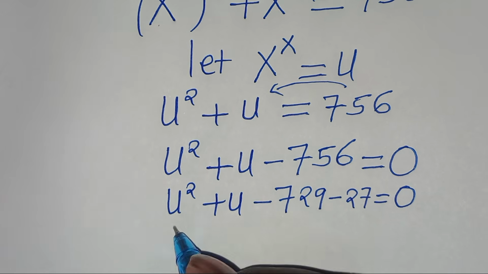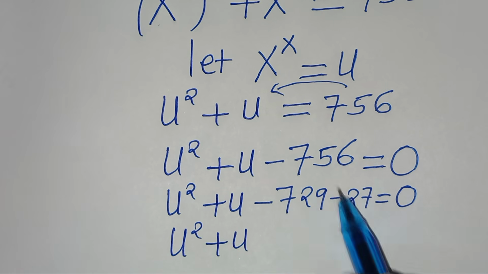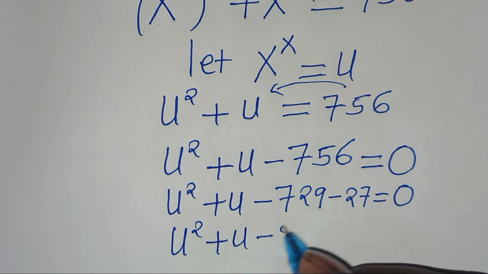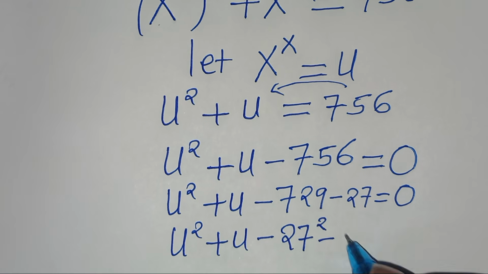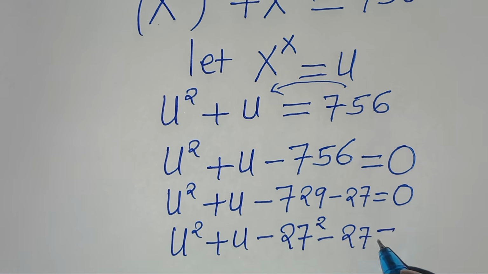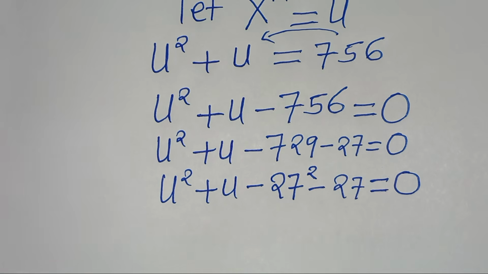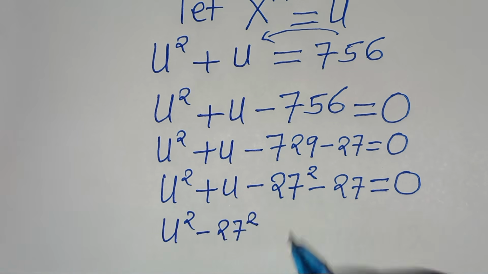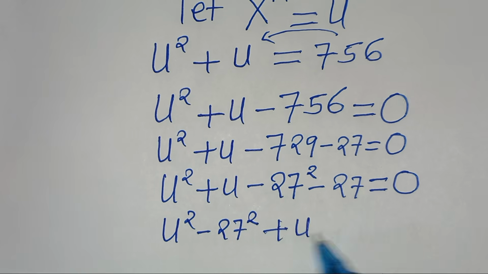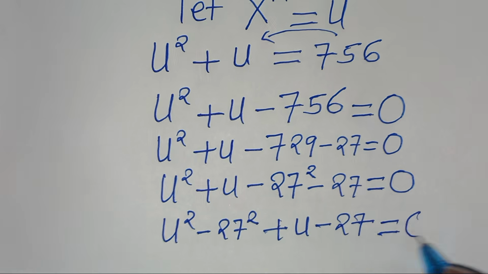We can express 729 as 27 to the power of 2, so we have u to the power of 2 minus 27 to the power of 2, then plus u minus 27, equal to 0.